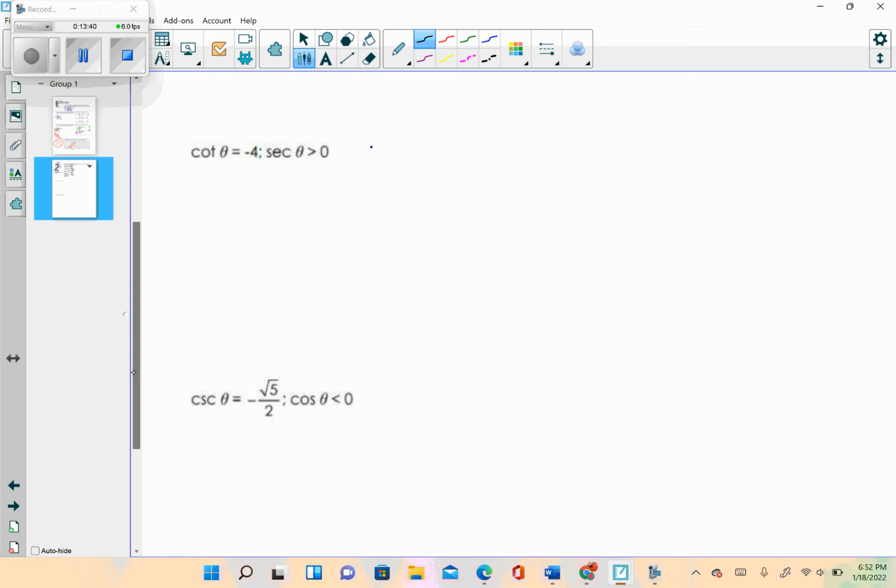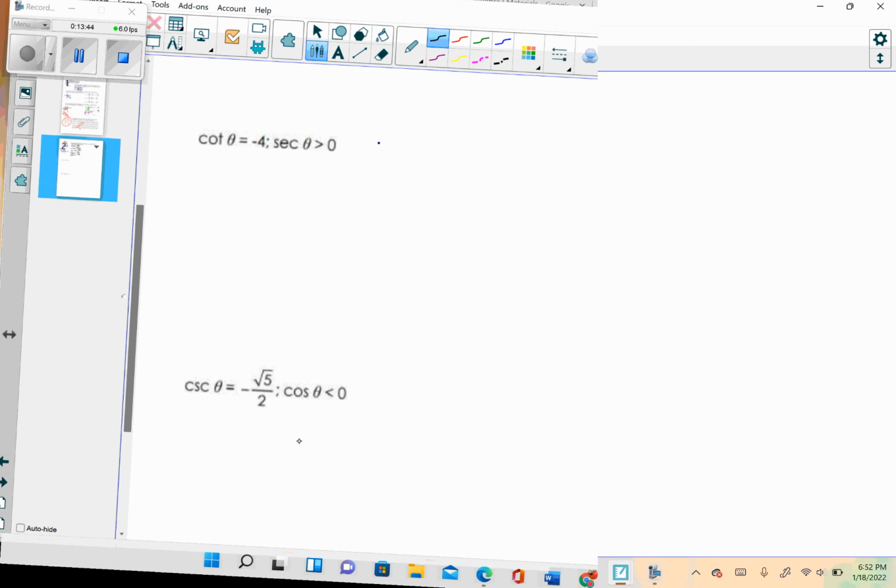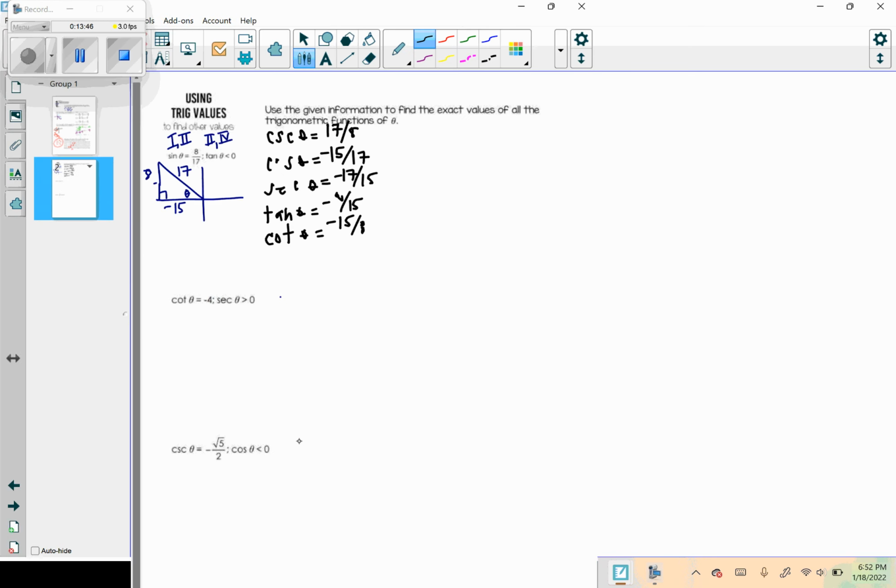So cotangent is negative in quadrants 2 and 4. Secant, remember secant goes with cosine. Secant is positive in 1 and 4. So which one's the same? Quadrant 4.